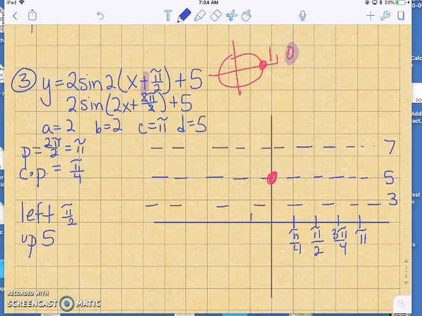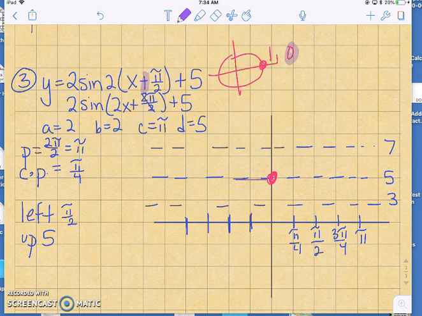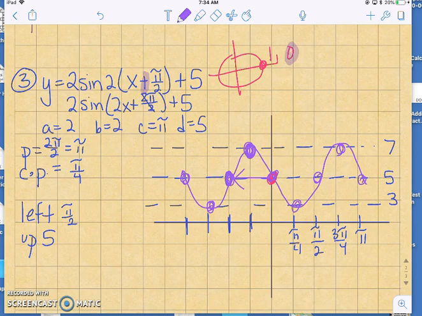I should put some tick marks in here. So you'll see pi over 2 is 2 tick marks. So I'm going to take this 2 scale marks, shift it to the left pi over 2. So sine will start there, and it's positive. So then it's going to go high, middle, low, middle, high, middle. And we have our graph.